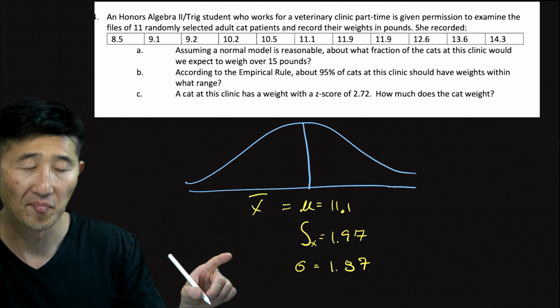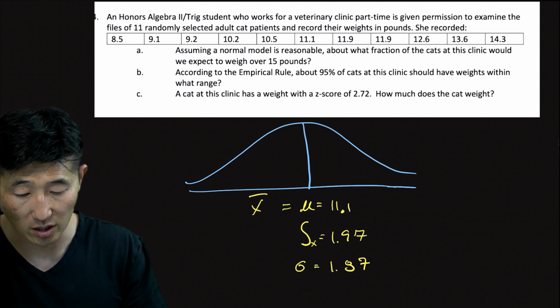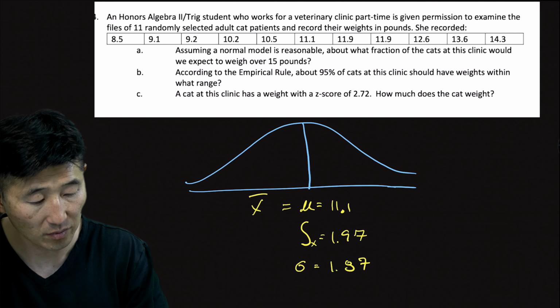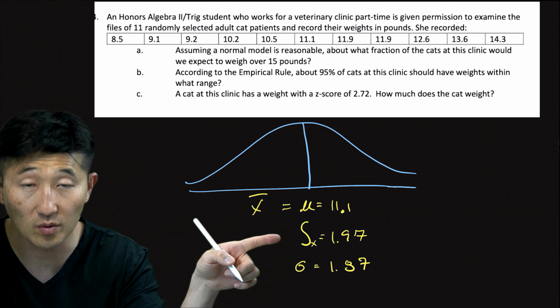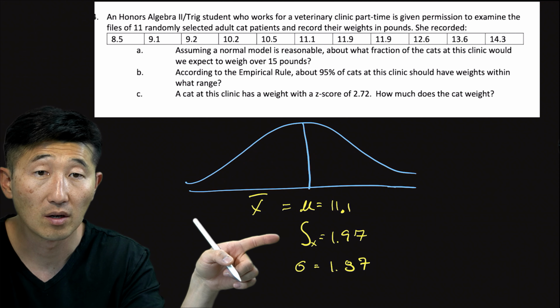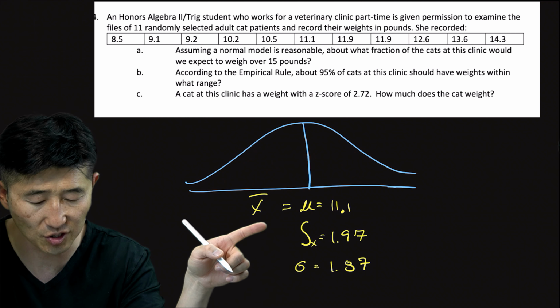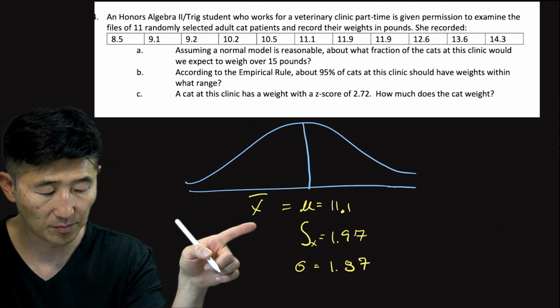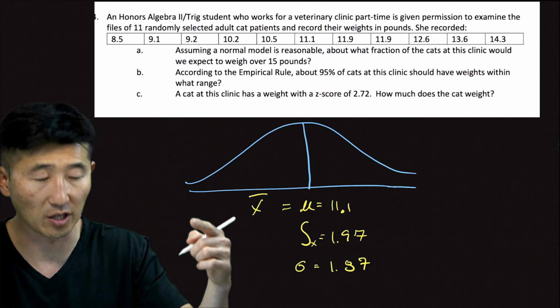Oh yeah, 11.17. That's what I got again. I got 11.1 as the mean on my calculator. Can you tell me what you get for your capital S, the sample? 1.884. Wow. Okay, it's slightly different. It should be the same. Okay, anyways, let's just work with these numbers for right now. You can always double check later.